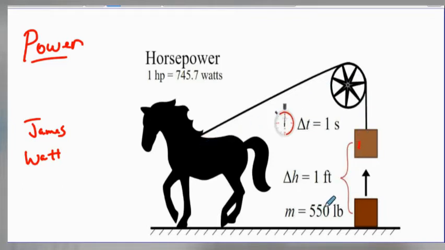He had a 550-pound weight, and he knew that a horse could lift it 1 foot high, and it took 1 second to do it. And he called this a horsepower.